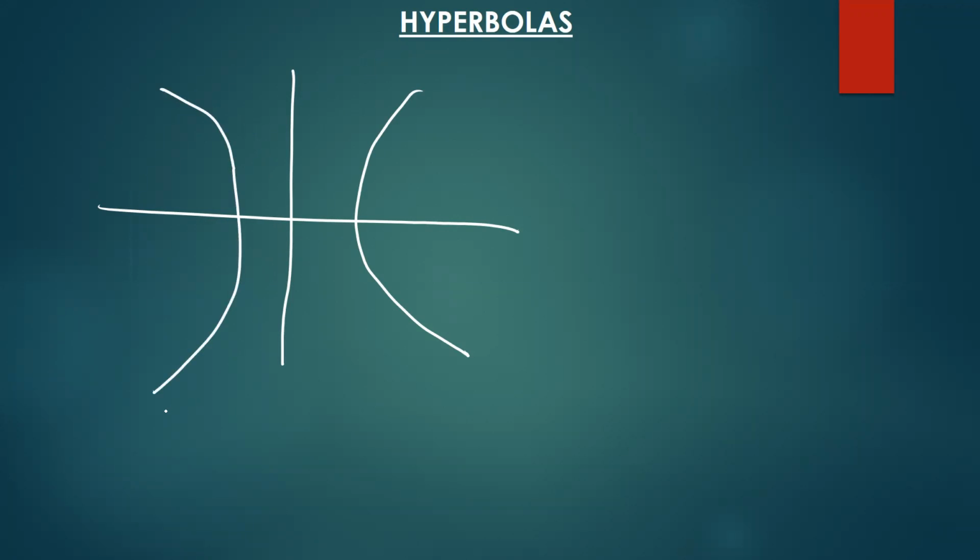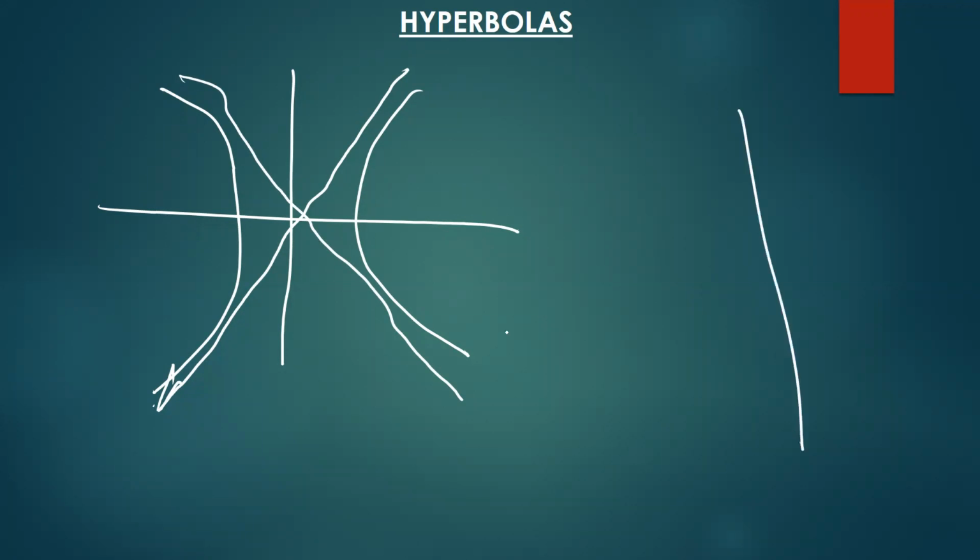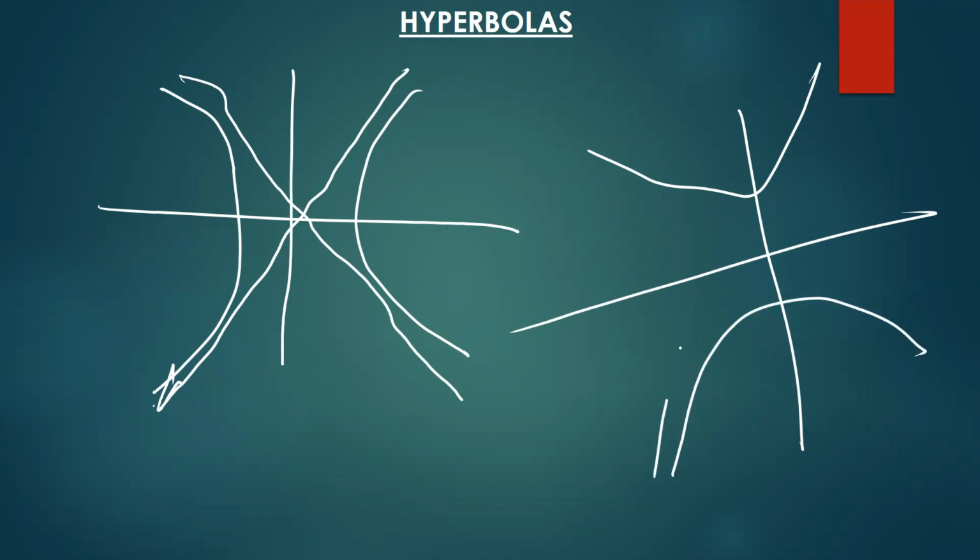Then you also may be requested to find the asymptotes of this curve. So you find the asymptotes for these curves. So this is how they come out. So you also have another set which will face up and down. Then you also have to find the asymptotes.